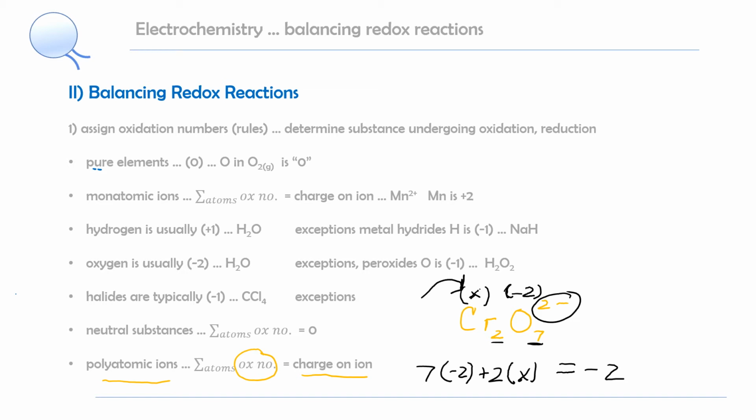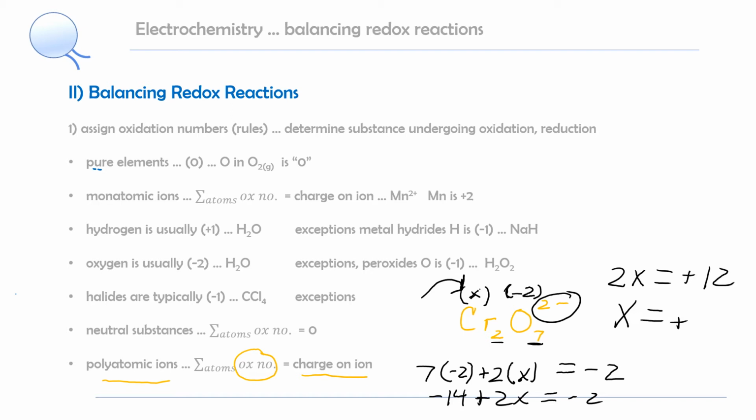Okay, so if you treat this just like an algebraic equation, you've got -14 plus 2x has got to equal -2. You add 14 to both sides, so 2x has got to equal +12.